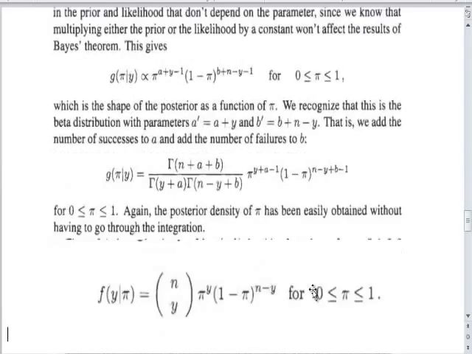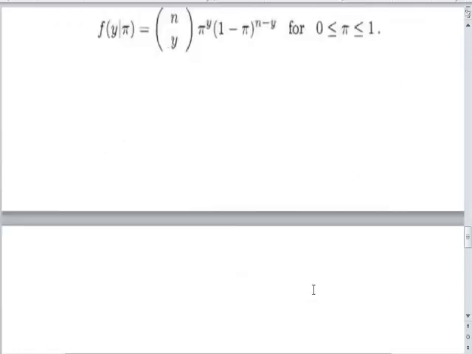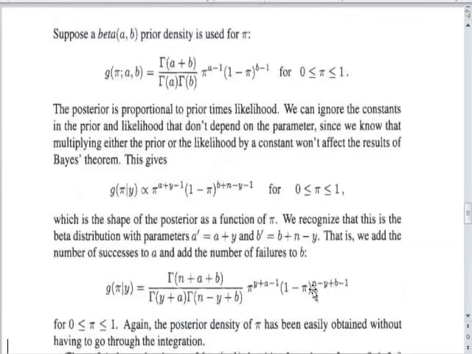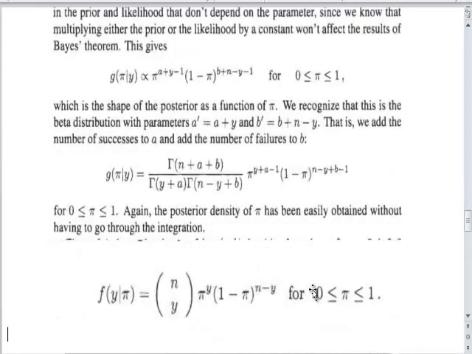So basically what we get as a posterior is another beta density, and the parameters are x plus a and n plus a plus b. Those are the two parameters of the beta density. You should have derived this sometime ago.